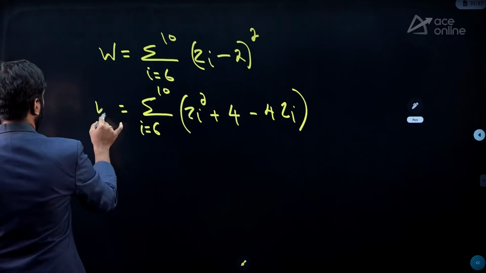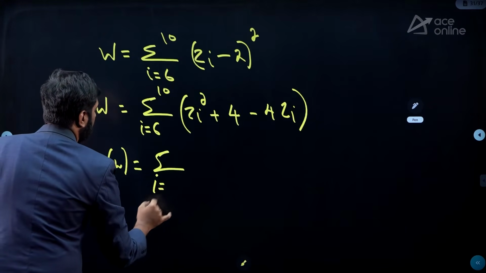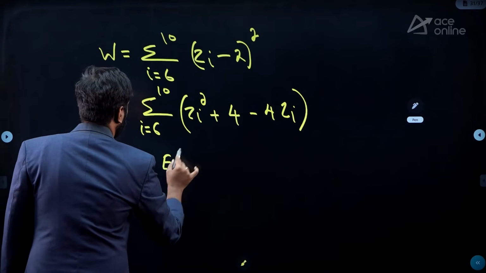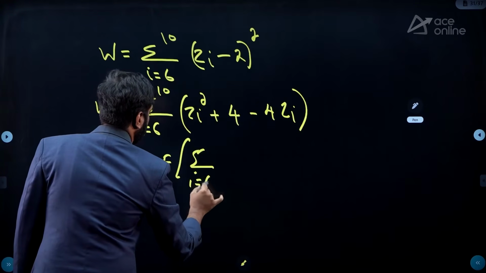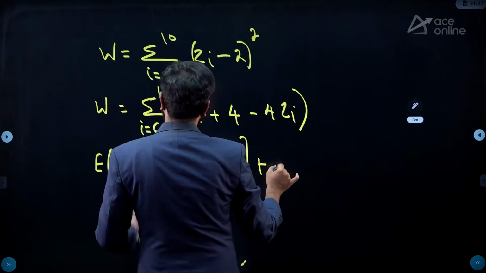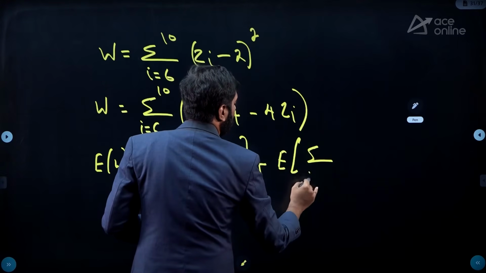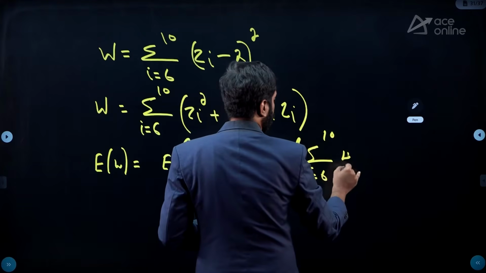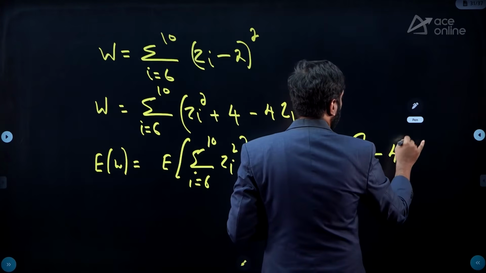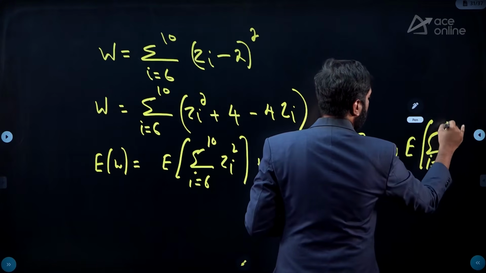Let's take expectation. Expected value of w will be summation i from 6 to 10, you will have the expectation on this, and then you will have expectation on this, summation i from 6 to 10, 4, and then 4 can be brought out, so minus 4, expected value of summation i from 6 to 10 zi.